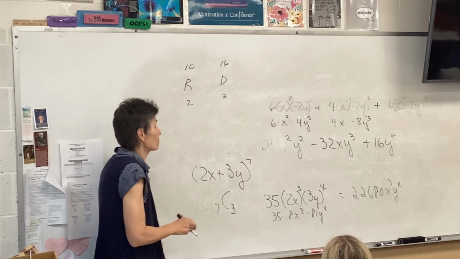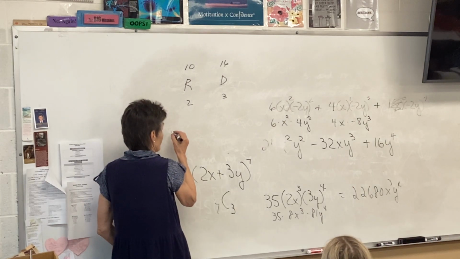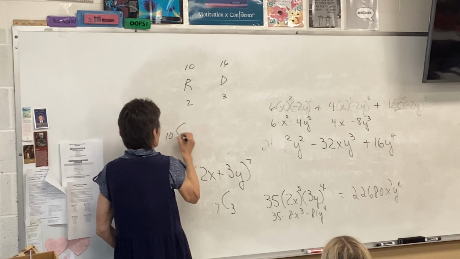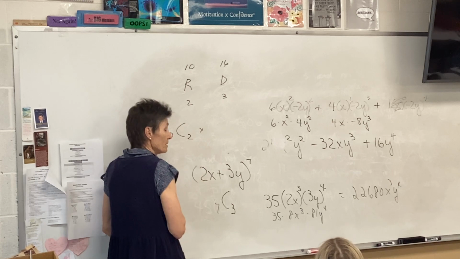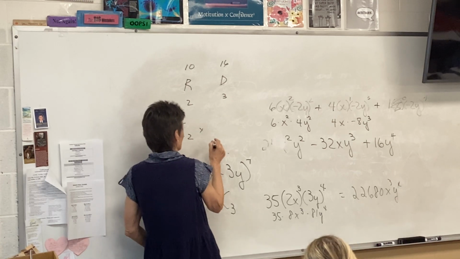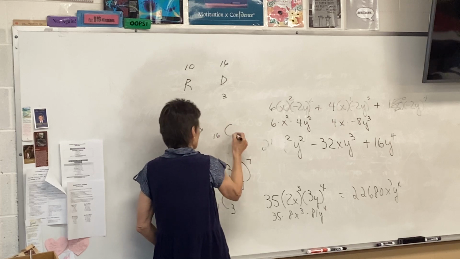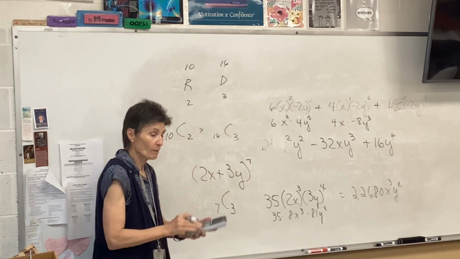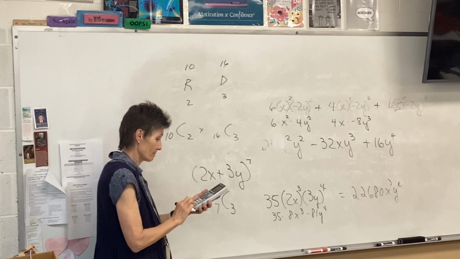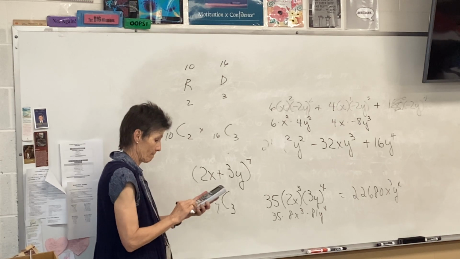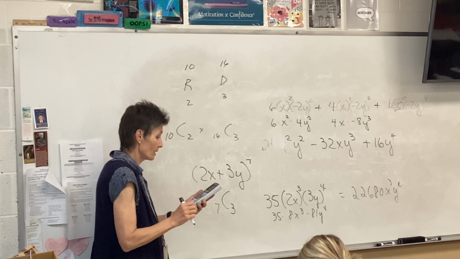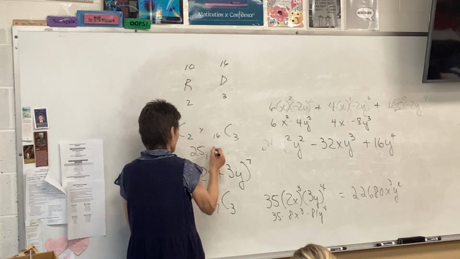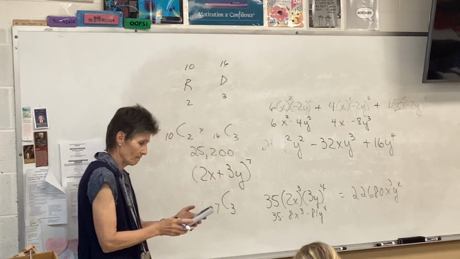What do we do? 10C2, that's how I pick my Republicans, and 16C3, that's how I pick my Democrats. I got 25,200. Does that sound right to everybody?